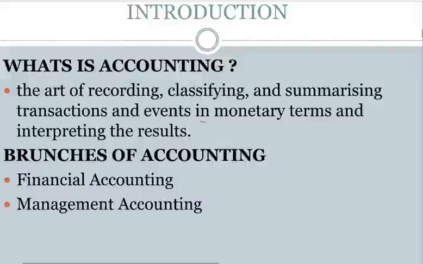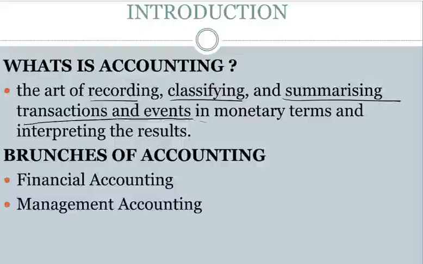So we cannot talk about cost accounting without knowing what accounting is. So accounting is all about recording, classifying, and summarizing transactions and events in monetary terms and interpreting the results. So the first thing is to record, capture the information. When you are recording the financial information, you need to classify them according to the purpose or whatever category you are classifying them by.